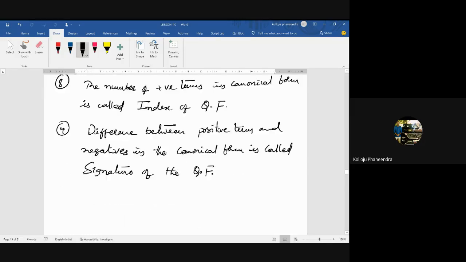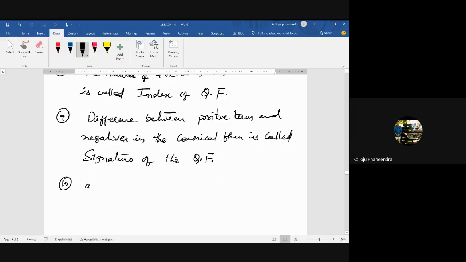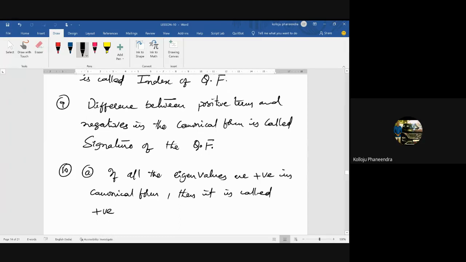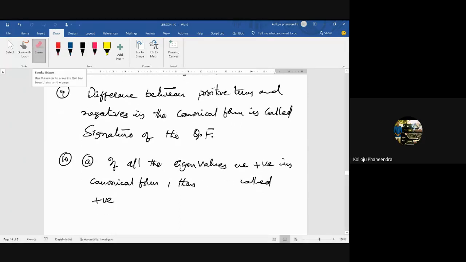Now, the 10th point. In 10th A, if all the eigenvalues are positive in the canonical form, then the quadratic form is called positive definite.